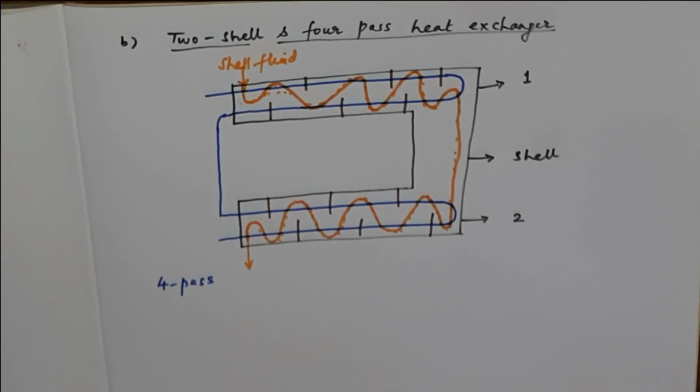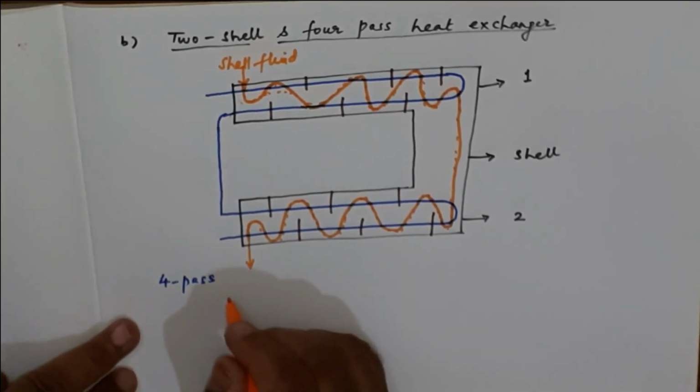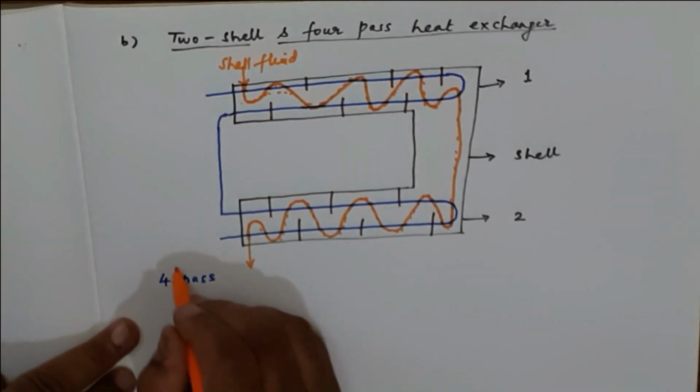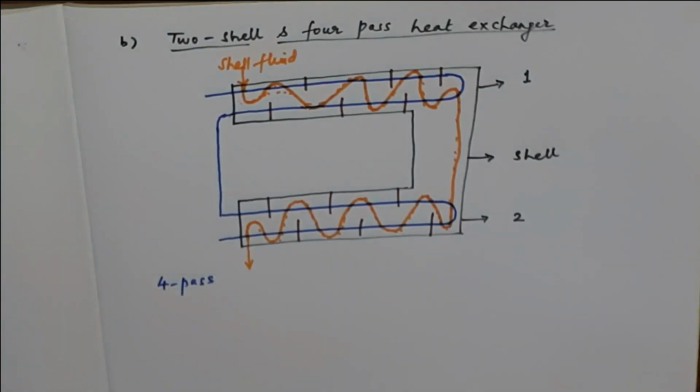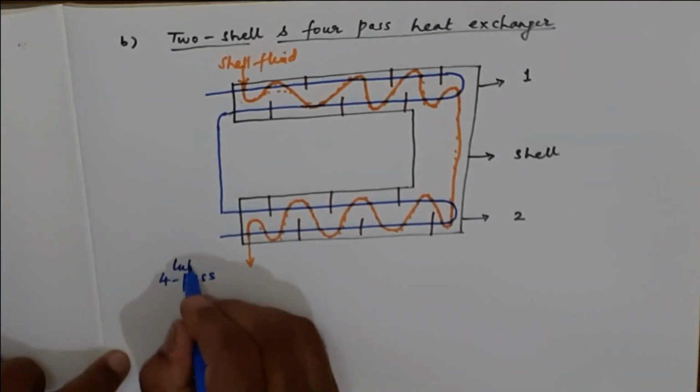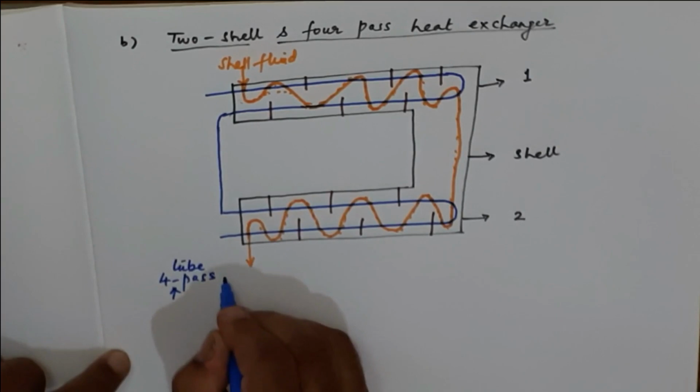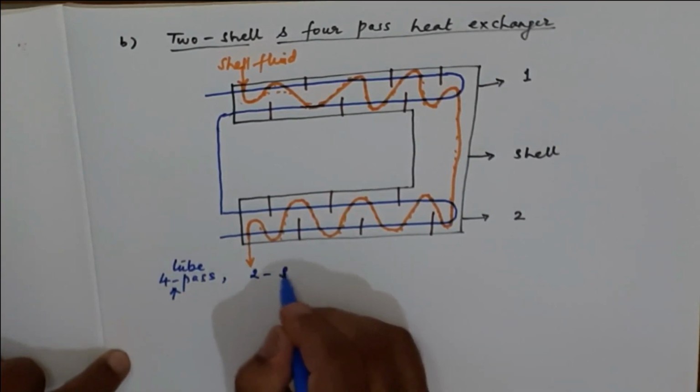So this is 4 pass, 4 tube pass. So you can represent 4 pass, which is only 4 tube pass, and shell pass is 2 shell pass.